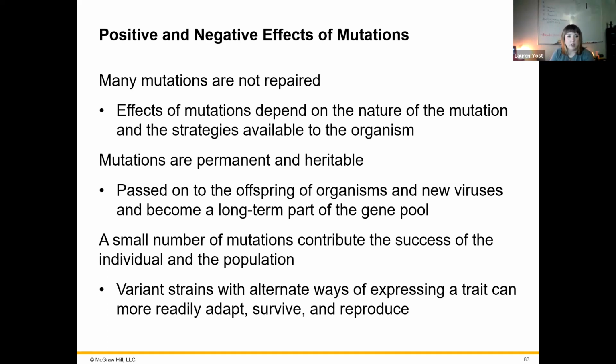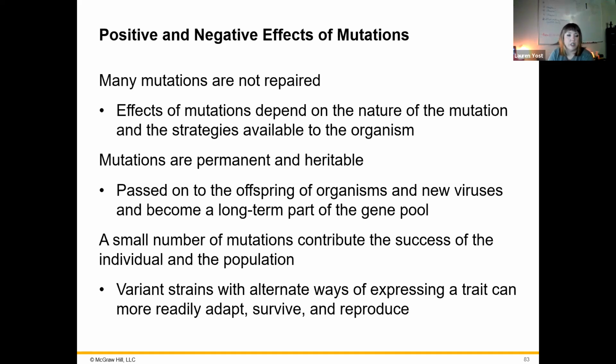Mutations are sometimes permanent and heritable, especially the ones that affect your gametes. But bacteria don't have gametes, right? They don't have sperm or egg. So any mutation they have in their chromosome is heritable to the next group. That's just how it works. They're just too tiny.